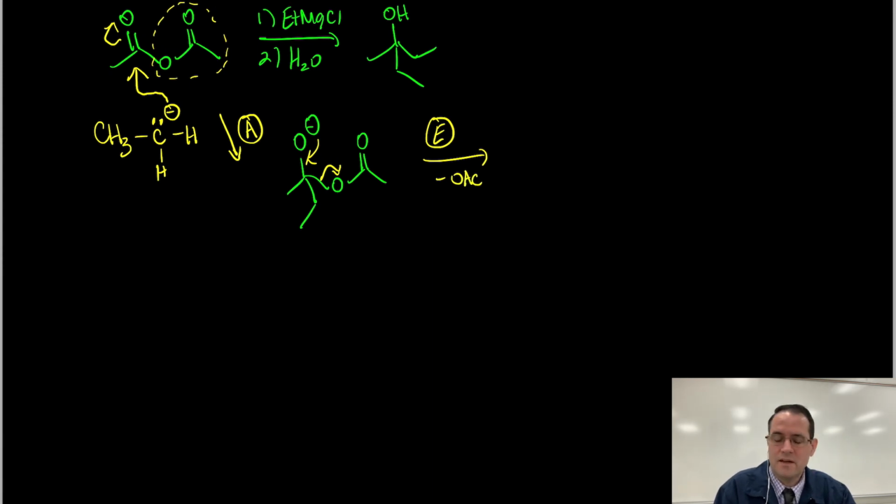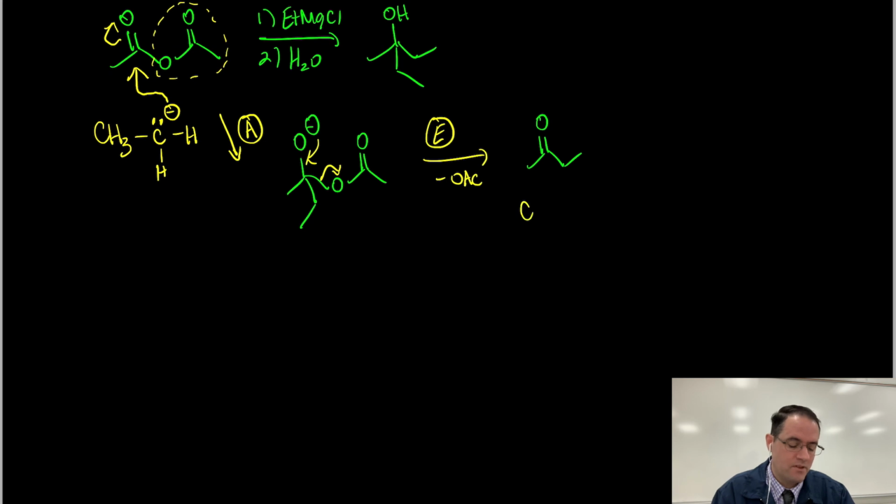OAc is oftentimes how we can abbreviate acetate. And so we get, if we draw the molecule carefully, we can see how we have ethyl, well, we have 2-butanone there, okay? Now ketones, if you remember from chapter 20, I believe, can react with Grignard.